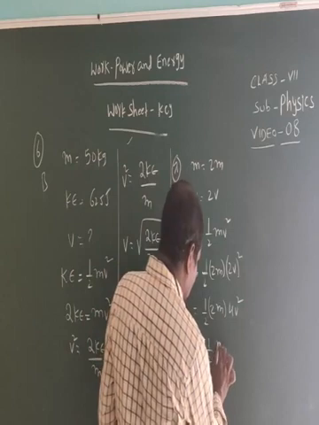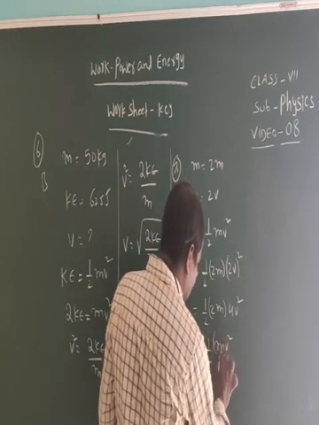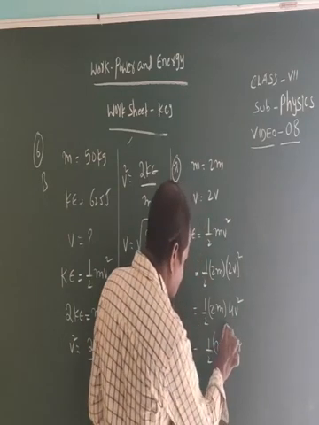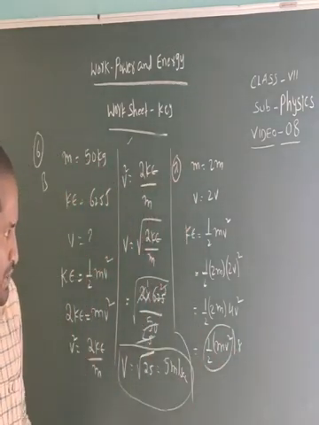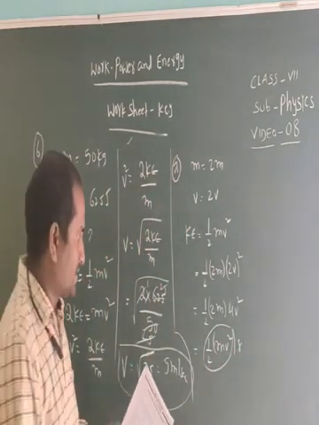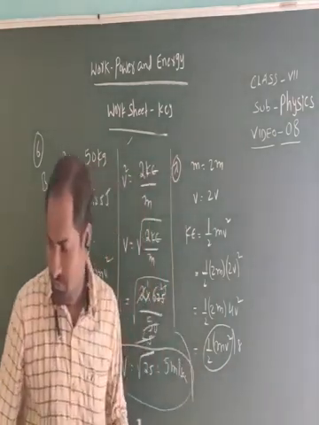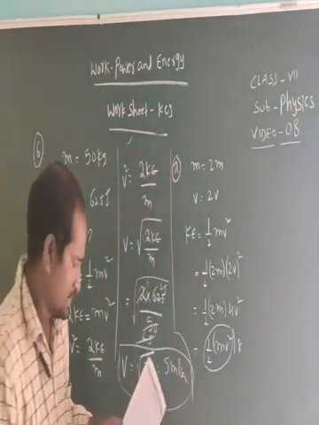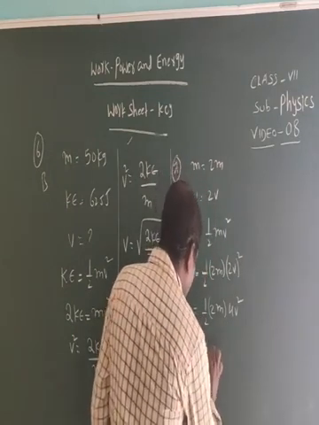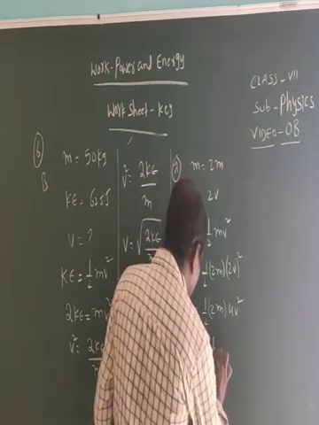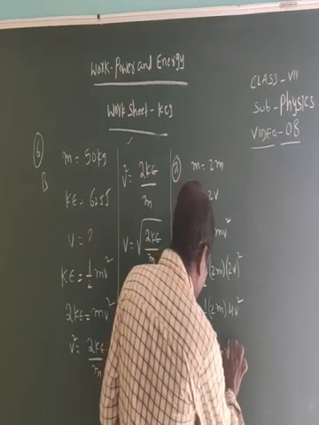So half into mv square into 8. This total value equals how much here? Kinetic energy. So half into m into v square equals K. That into 8. So we can write here 8 into half into m into v square.